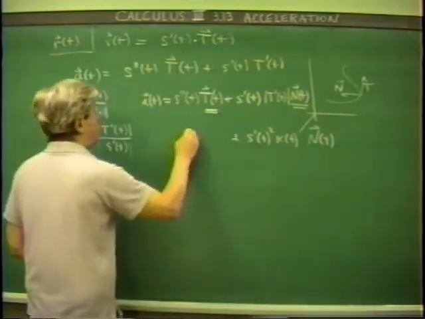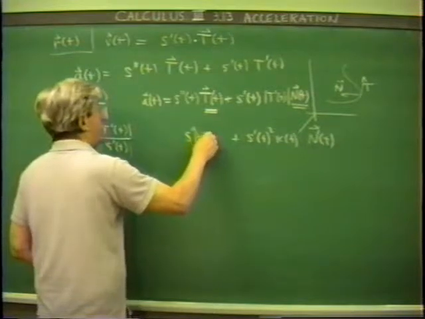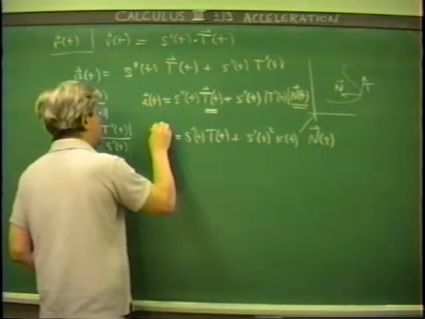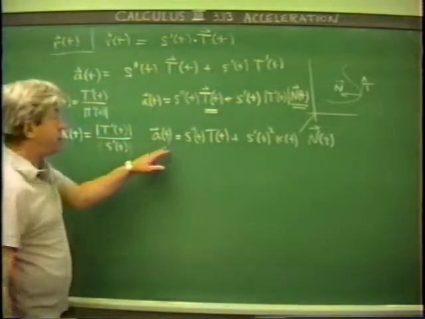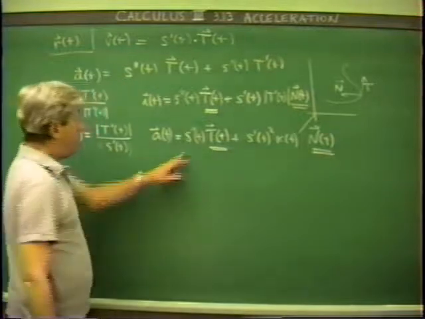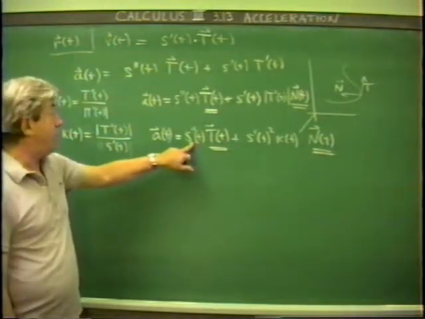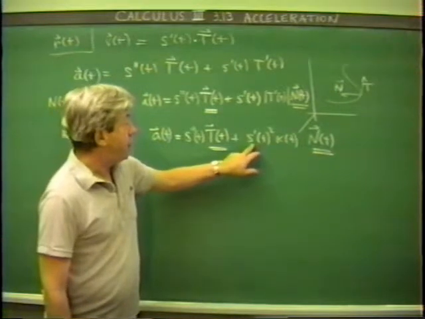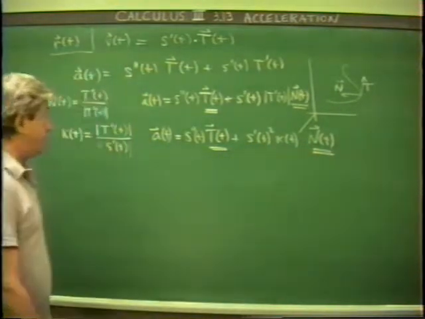So this becomes s prime of t squared times kappa of t times N of t plus the second derivative of s times T of t, and this gives you the acceleration. So the acceleration has a tangential component and a normal component.